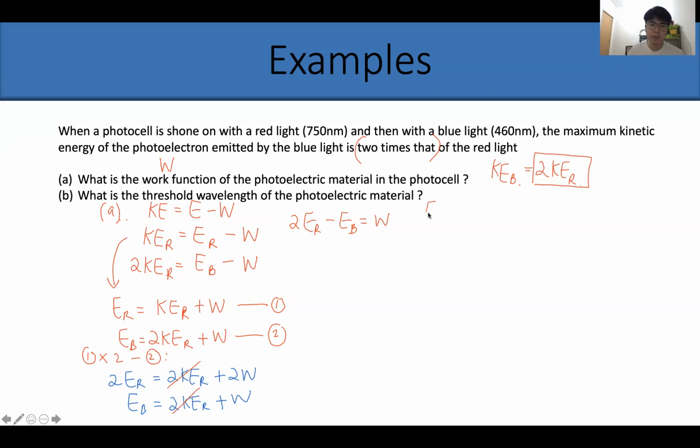I know that this is energy from the wave, right? So it's hf. Or if it's given in wavelength, then you can use hc over lambda. So 2 bracket, the red light hc over lambda red minus hc over lambda blue equals W. Okay, then the rest is just calculation.